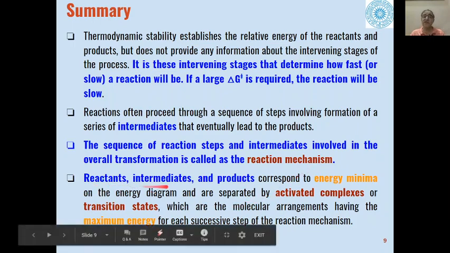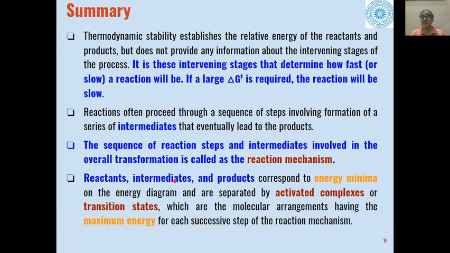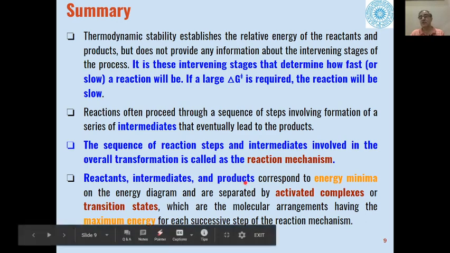And reactants, intermediates and products will correspond to energy minima in the energy level diagram. So reactants will be shown at a minimum energy, intermediates will also be shown at a minimum of energy, and products will also be shown at a minimum of energy in the energy diagrams.